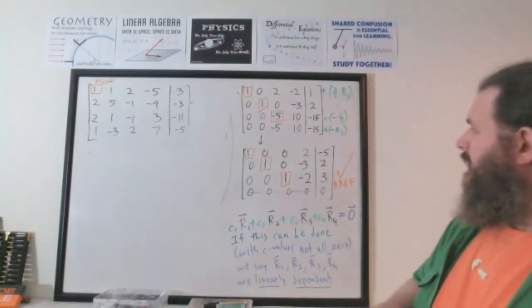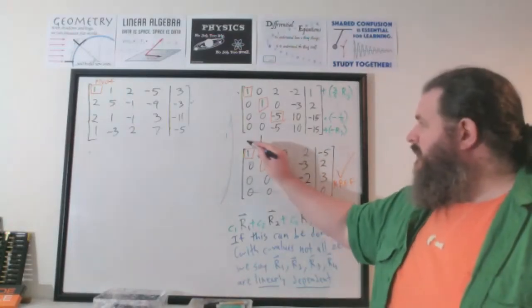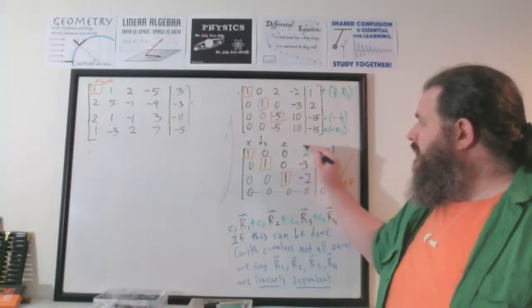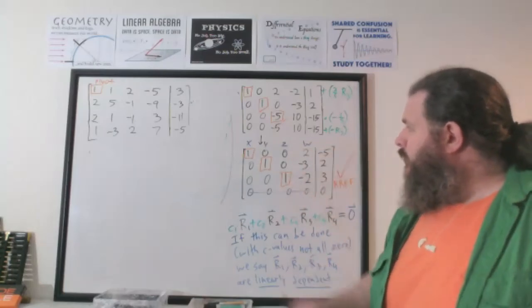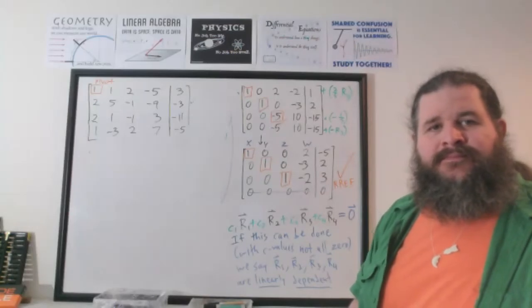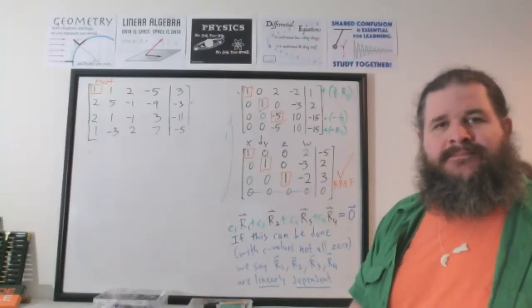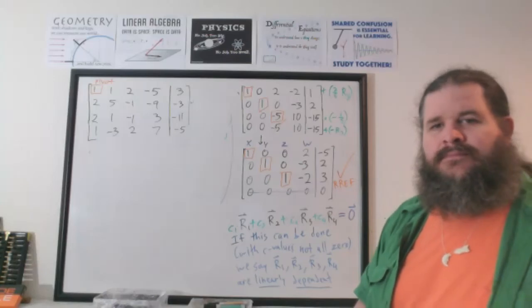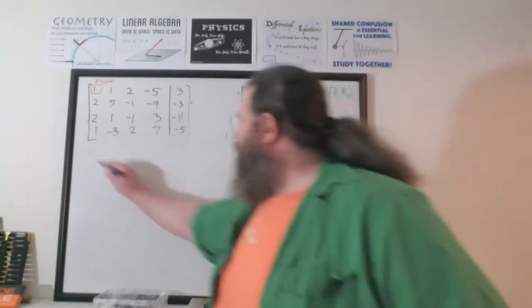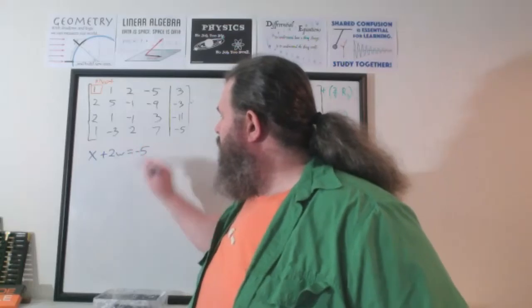If we were to rewrite each of these rows as an equation, and keep in mind the variables were x, y, z, and w, what would the first row look like as an equation? x plus 2w equals -5.